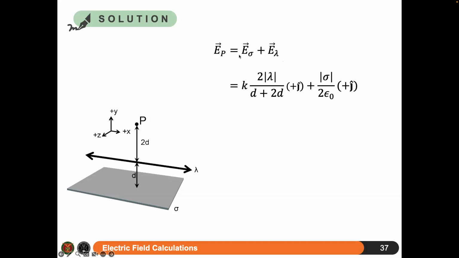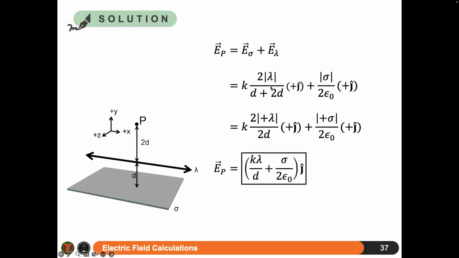We already know their formulas. Plug in our values and we get this. So if you have many different charge distributions, just add all the contributions from every source.